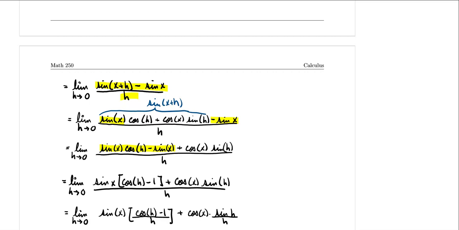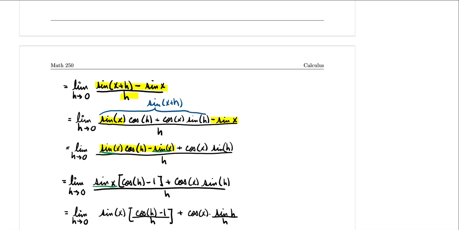Now, since I grouped the sine of x's closer together, notice that we can go ahead and factor a sine of x from these two terms, which gives us the limit as h approaches 0 for the sine of x times, parentheses, cosine of h minus 1 plus the cosine of x times the sine of h all over h.